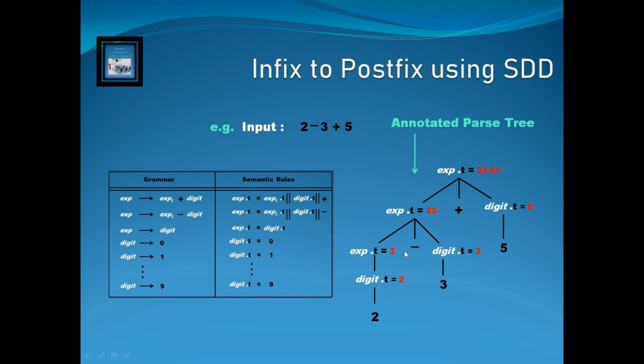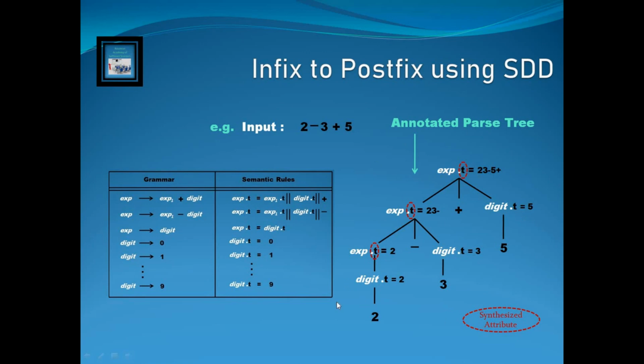But in order to evaluate other attributes, we have to evaluate their children first. Such attributes, which cannot be evaluated directly from the syntax directed definition, and for which we must first evaluate their children, are called synthesized attributes. Overall this tree is called an annotated parse tree.